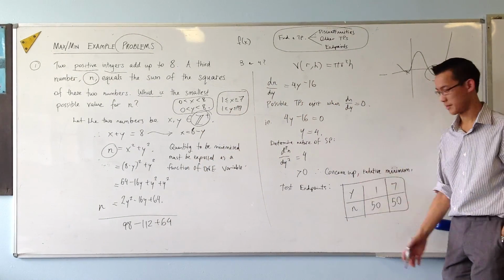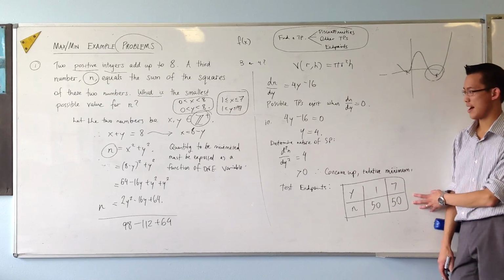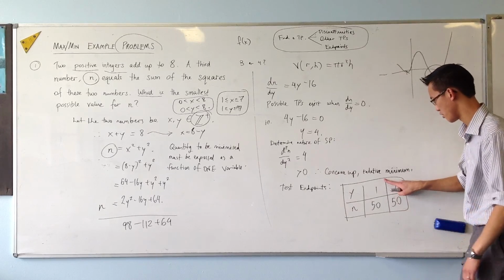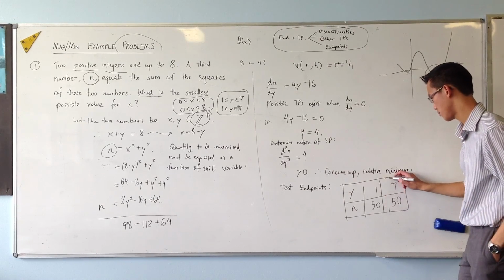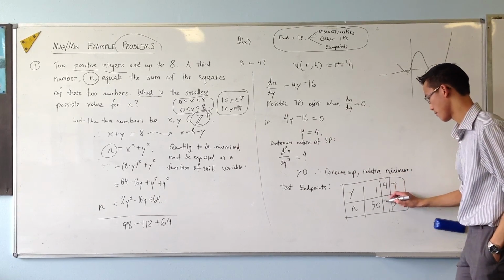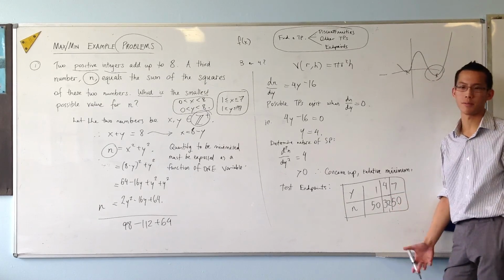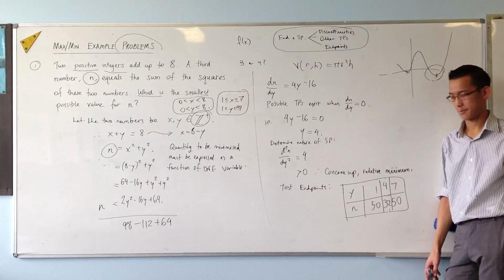Okay, what we expected. So I can now verify that my endpoints are no better than the stationary value. I really should have stuck this in the middle. Okay, so now you can see this table, all it does is help me to compare. That's all it's doing.